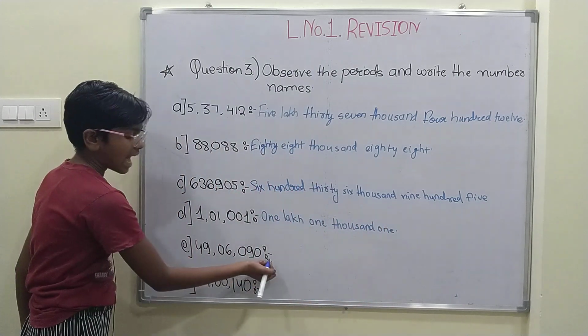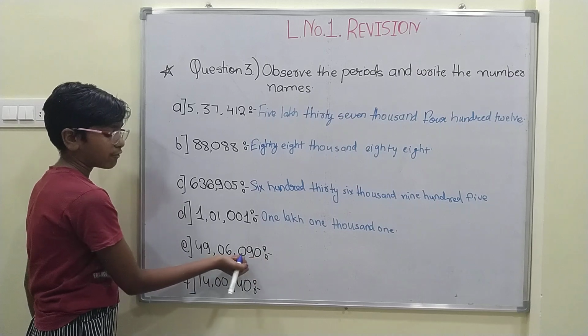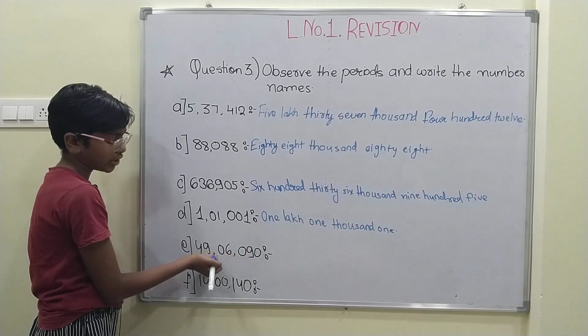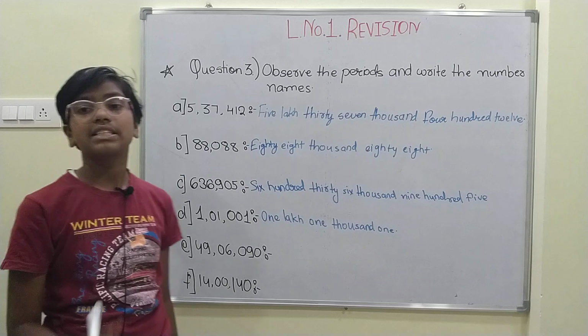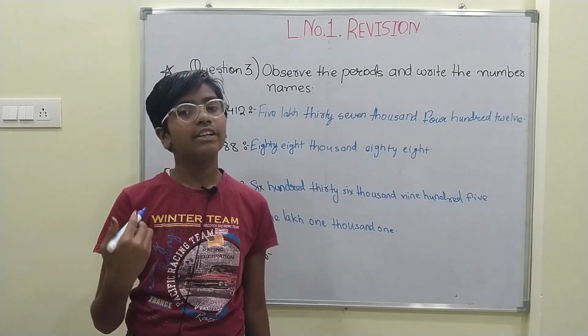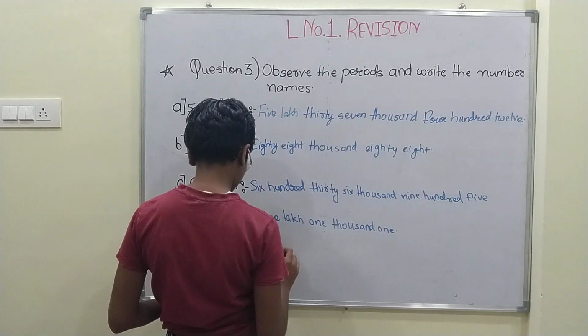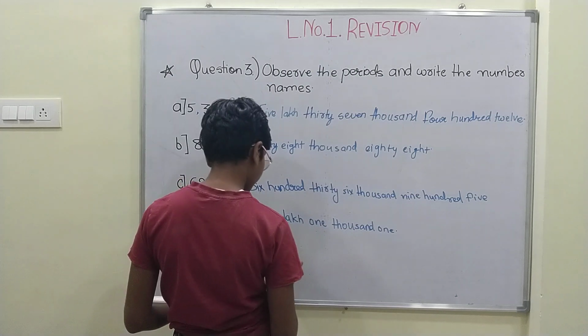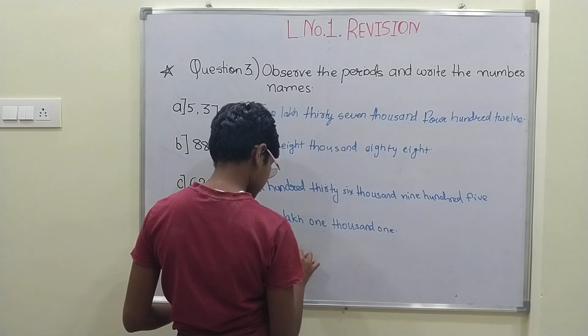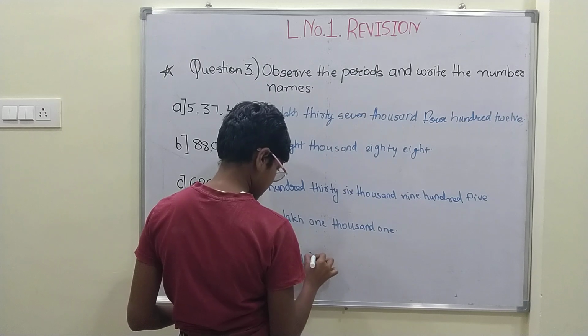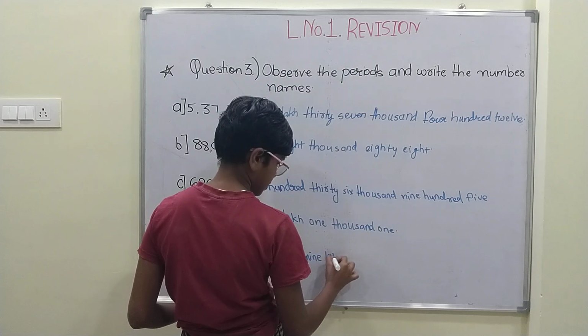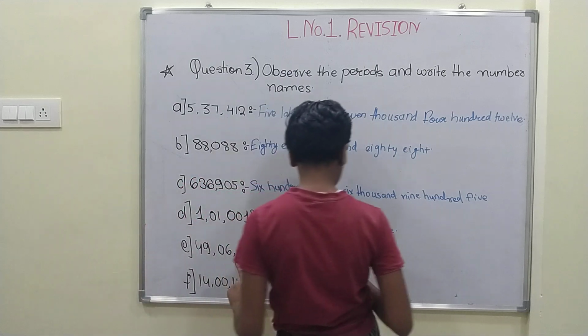Next, here I have comma 3, then 2, then 2. That means it is in the Indian system, and when it is in the Indian system, how will I write it? 49 lakh 6090. 6.